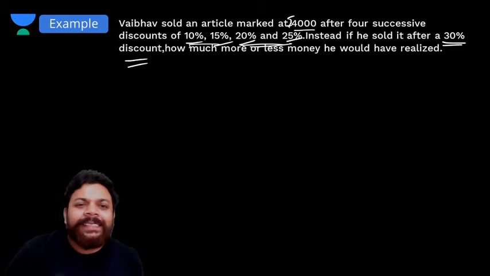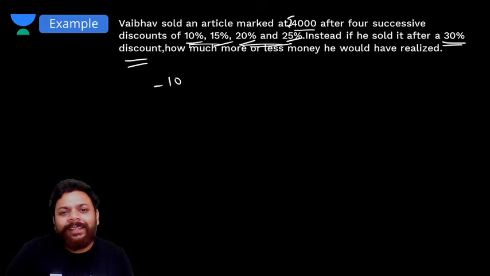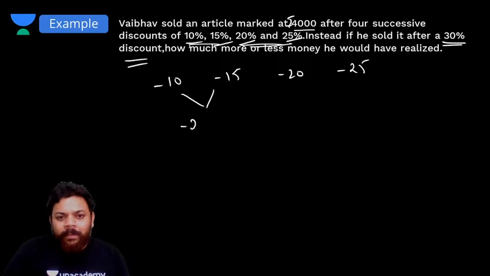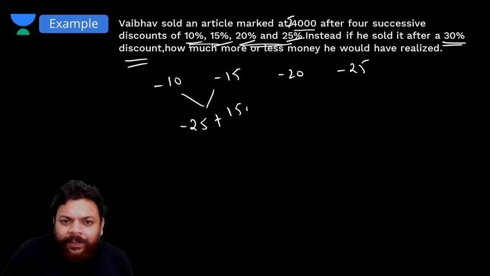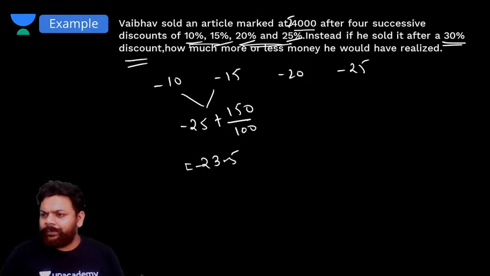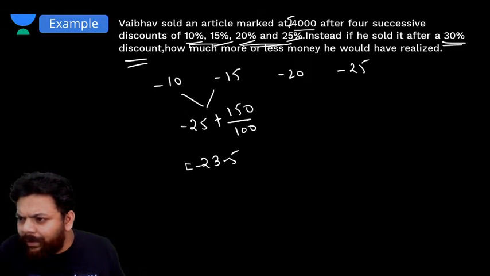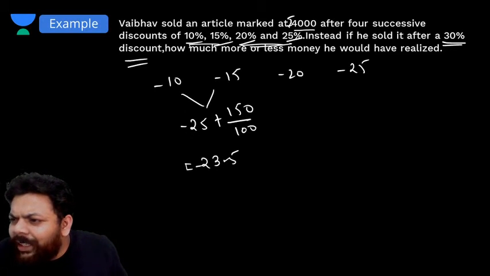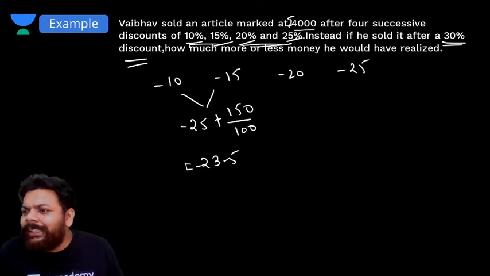So we'll just see the successive discount of 10, 15, 20 and 25, what will it be? For these two, minus 25, and this is going to be plus 150 by 100, and we can say that this will be minus 23.5. 974, 964, 960, 960.